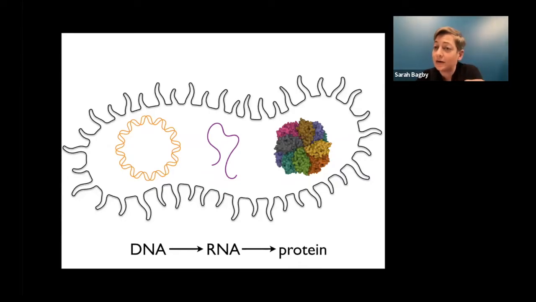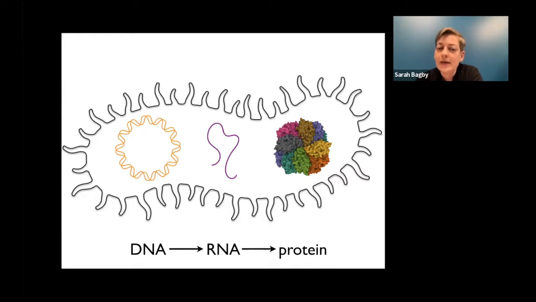You get from DNA to RNA through a process called transcription. And then through a process called translation, we get to a totally different kind of molecule called a protein. And proteins are the real workhorses of the cell. They do, not all certainly, but many of the really important jobs.